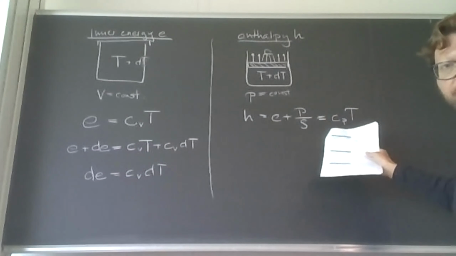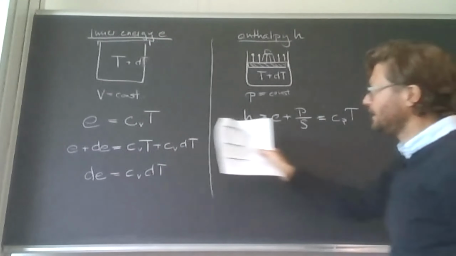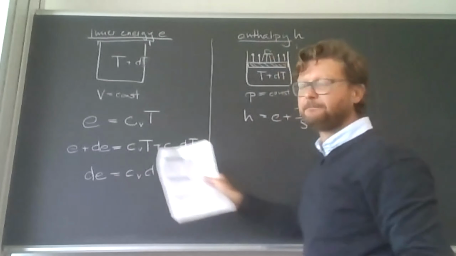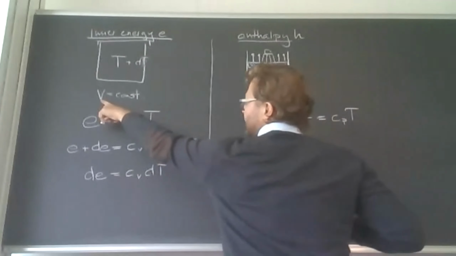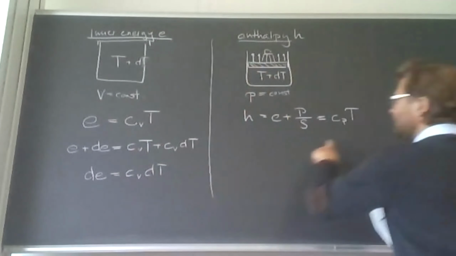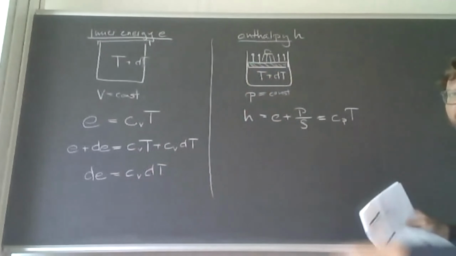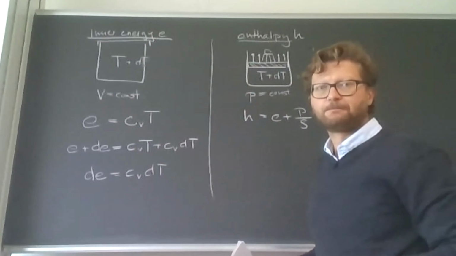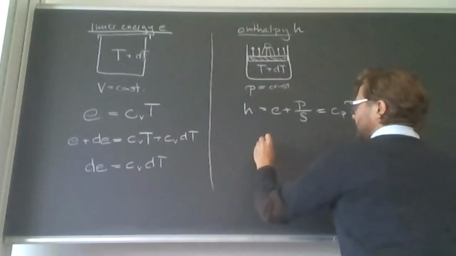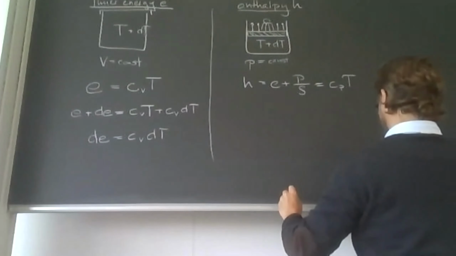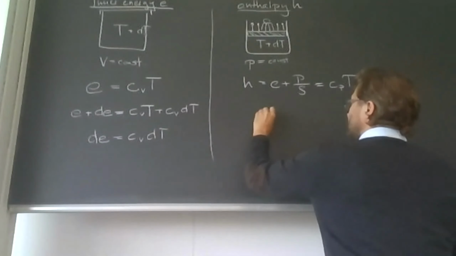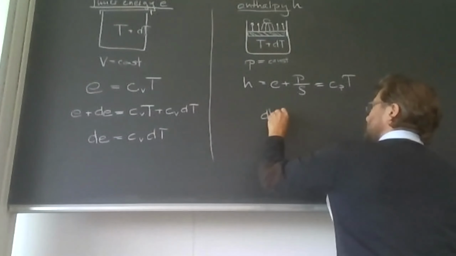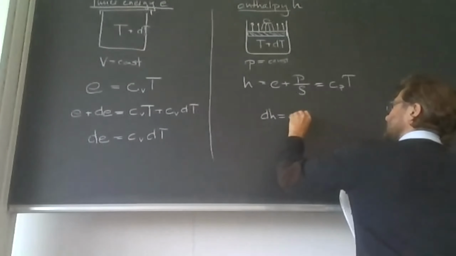Note that we have two different constants. Here we have Cp, and here we have Cv. V indicates that we're dealing with constant volume, and P indicates that we're dealing with constant pressure. Likewise, we have dh equals Cp dT.